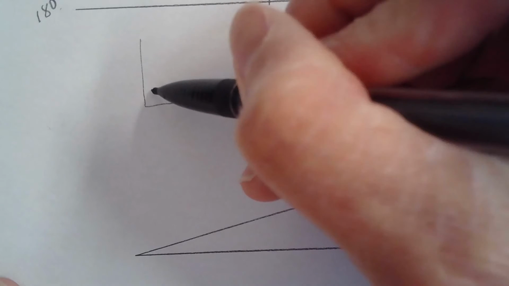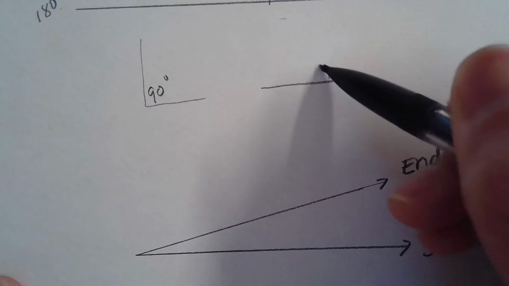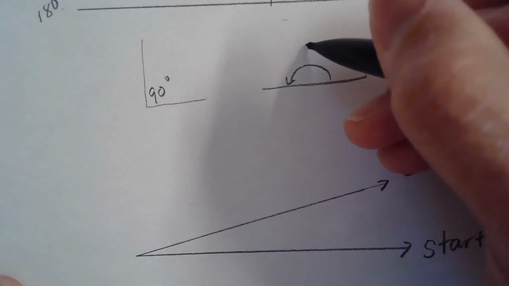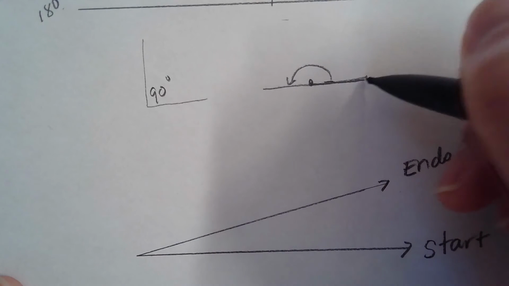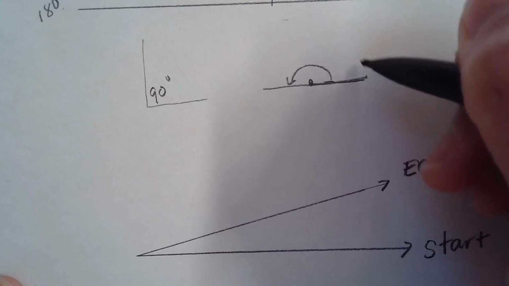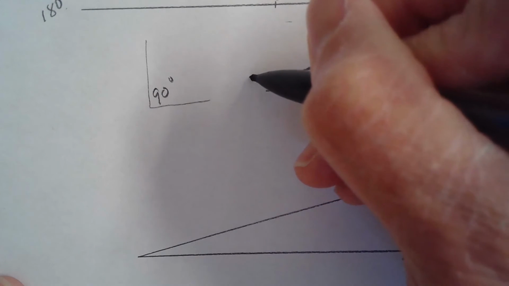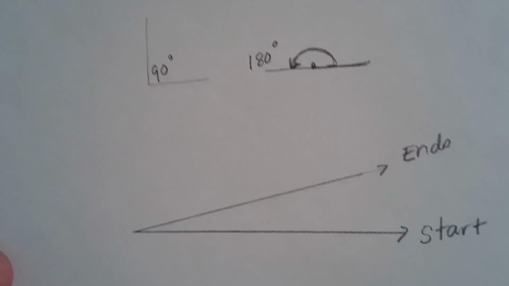That's 90 degrees, right? If it's like a horizontal line, how big is that? So if this is your starting, and then you're opening it all the way to the other end, how big is that one? I said that's 180. Okay.